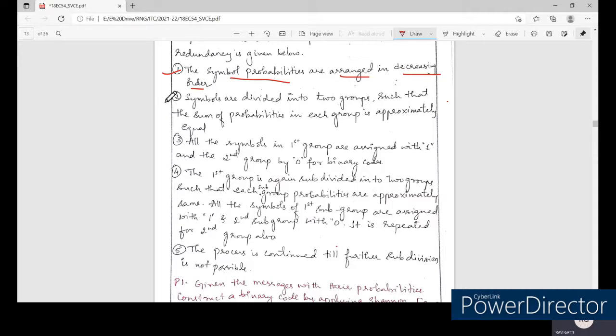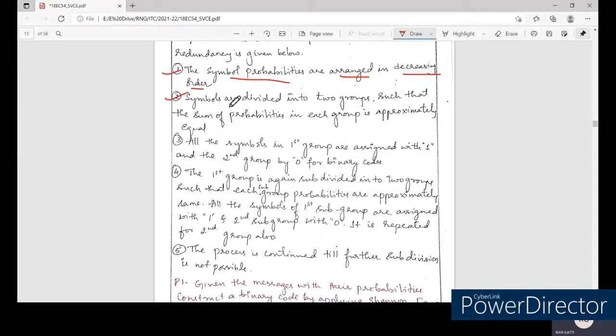The second procedure is that you need to make two groups of the entire set of symbols in such a way that the sums of those two groups are equiprobable. So if you divide the given 8 symbols into, let's say, 4 symbols and 4 symbols, the sum of the probabilities of 4 symbols should be equal to the sum of the remaining 4 symbols. So you need to group like that.